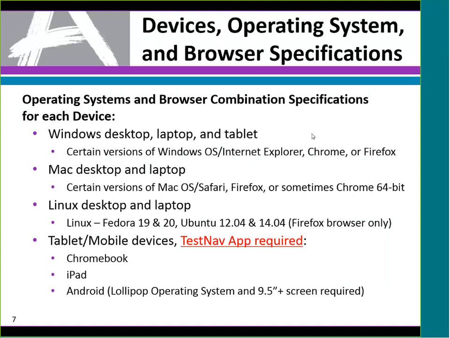We have some documentation out there around that, but those are the requirements if you're thinking about setting up machines in the future. As far as our tablet and mobile devices go, we have the Chromebook, iPad, and Android. For Android, you would need the Lollipop operating system, and a 9.5-inch screen or larger is required.